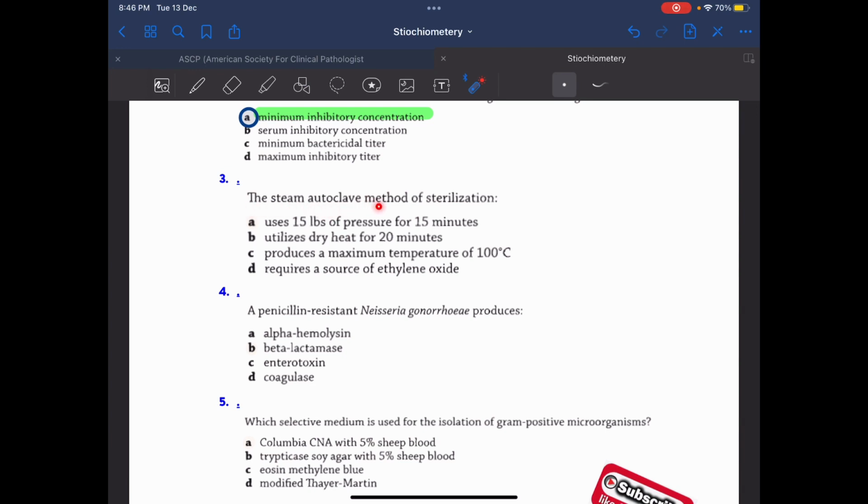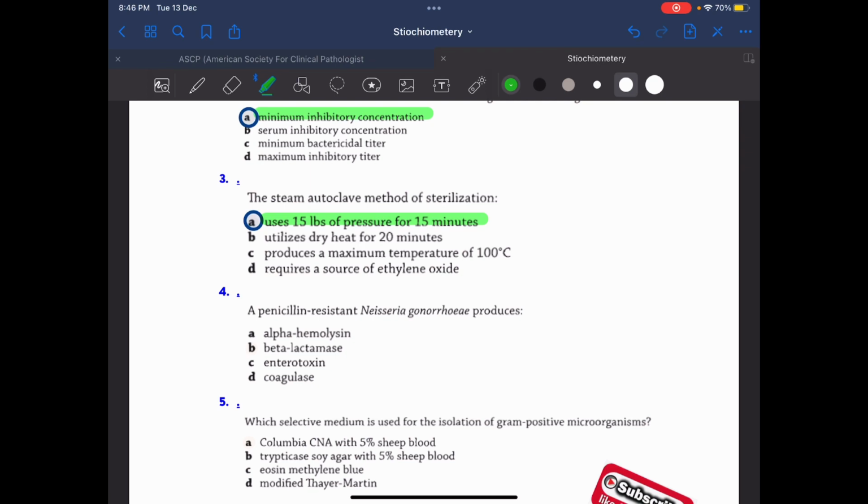The steam autoclave method of sterilization uses 15 pounds per square inch of pressure for 15 minutes, utilizes dry heat for 20 minutes, produces a maximum temperature of 100 degrees centigrade, requires a source of ethylene oxide. The correct answer is A.